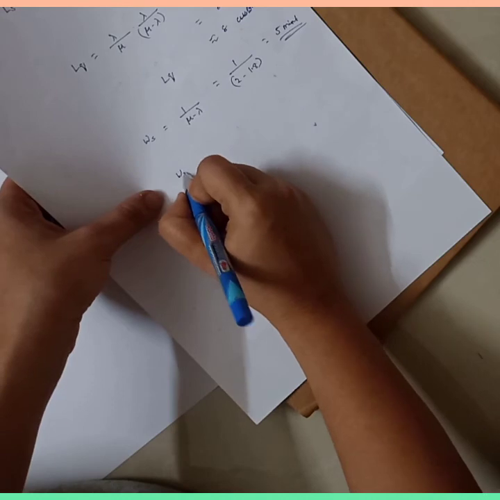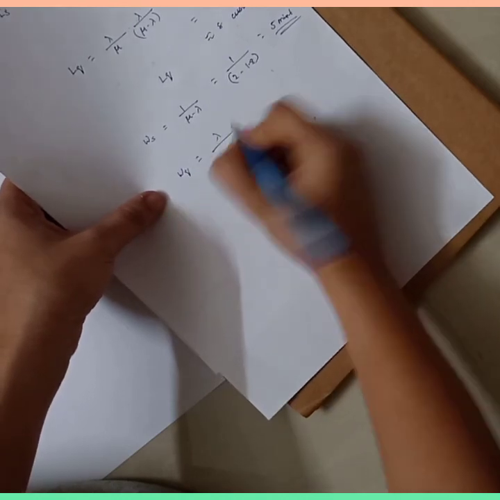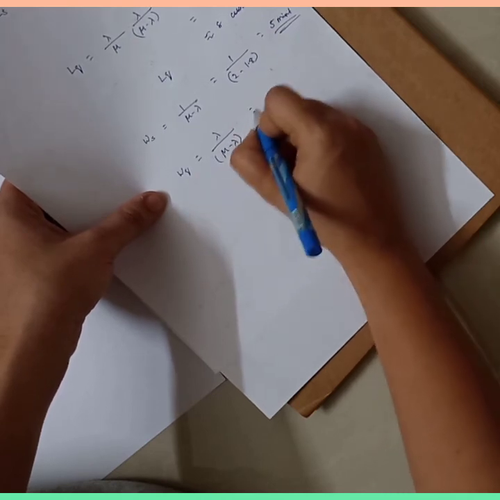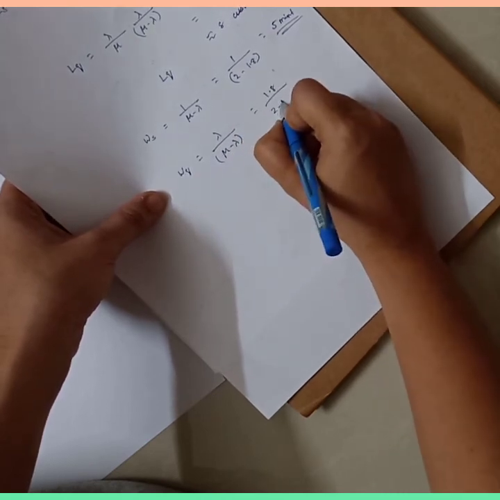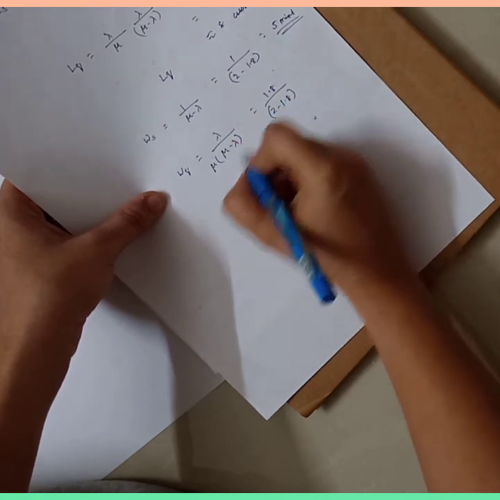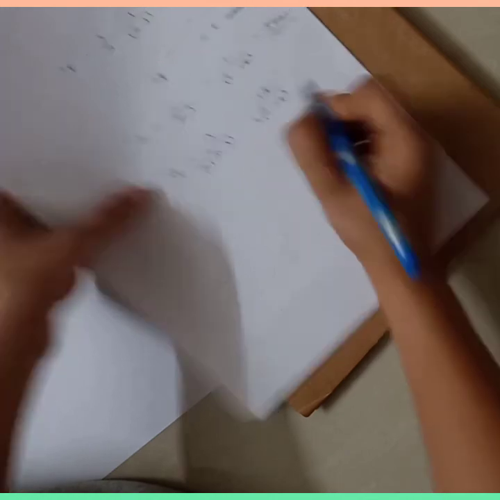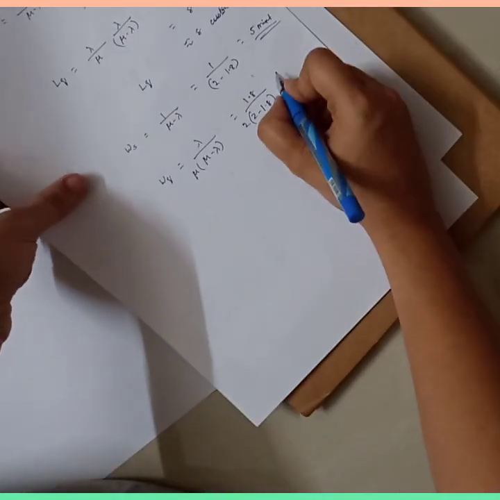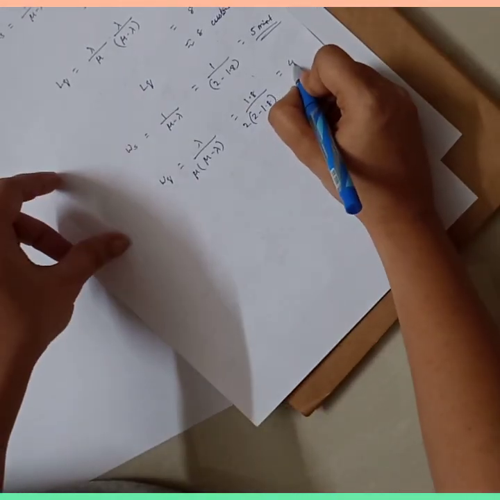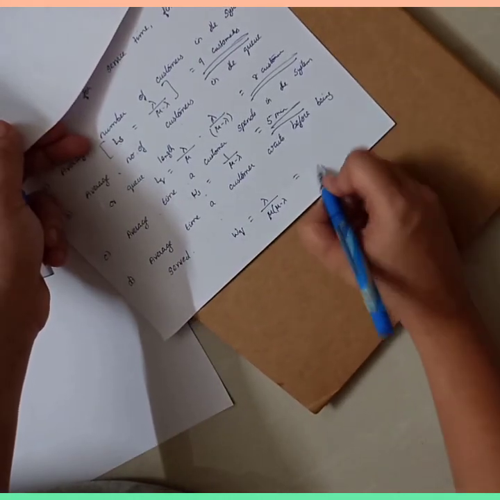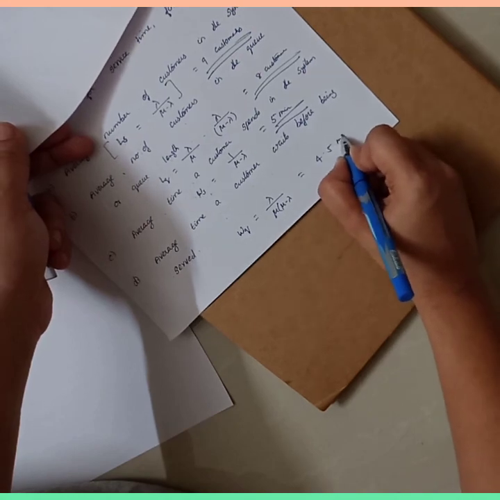So WQ is equal to lambda divided by mu into mu minus lambda, which is 1.8 divided by 2 into 2 minus 1.8, so 2 into 0.2, which you will get as 4.5 minutes. So average time a customer waits before being served is 4.5 minutes.